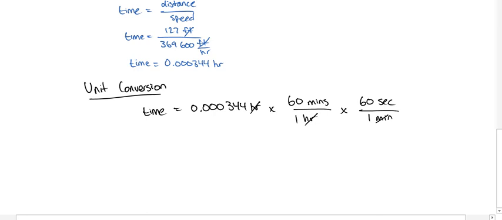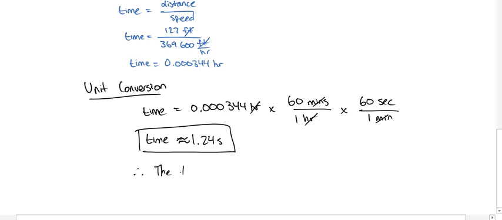So my minutes will cancel out, and if I execute this, 0.000344 times 60, then I get my final answer. Again, proper notation because I rounded, 1.24 seconds. So that's my final answer.